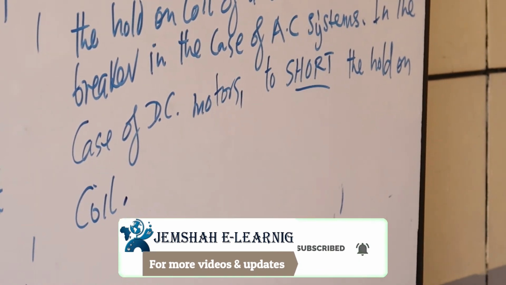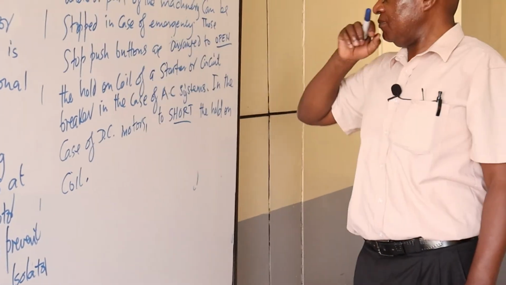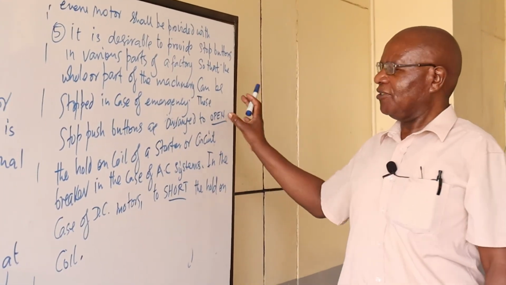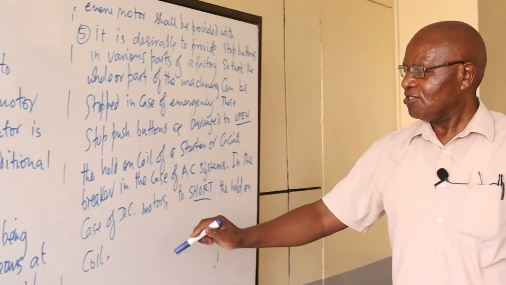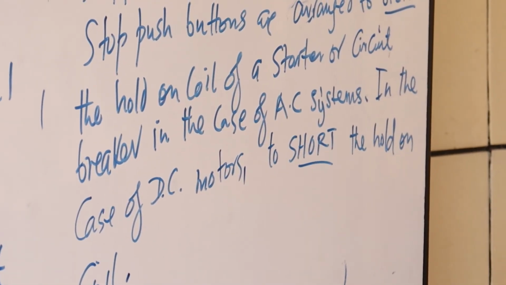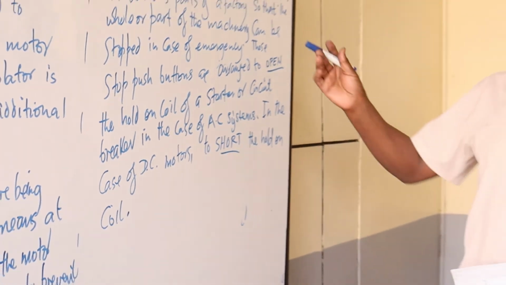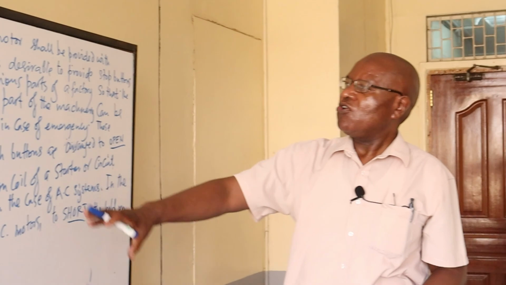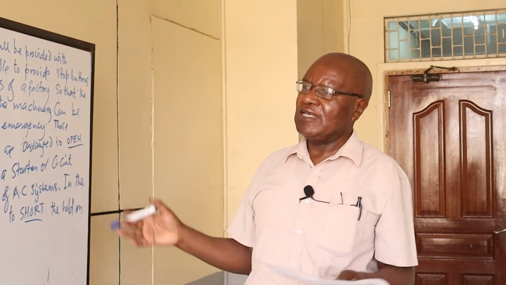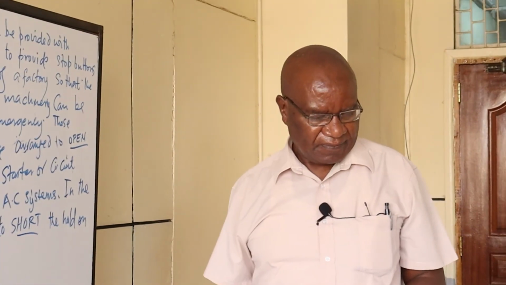So those are two different methods of stopping the motors. A major difference between the two. So in the circuits we are going to control for the motors, all these 5 things should be desirable in the circuits that we connect.